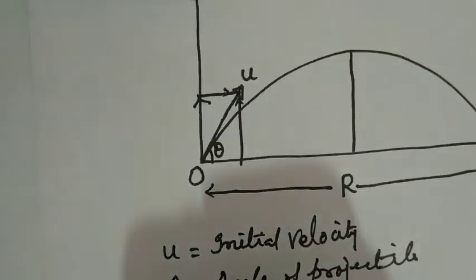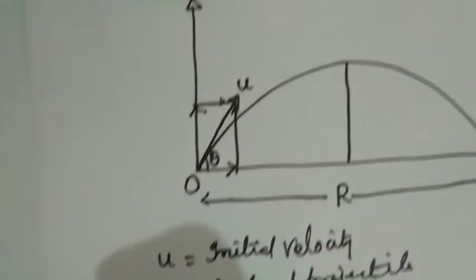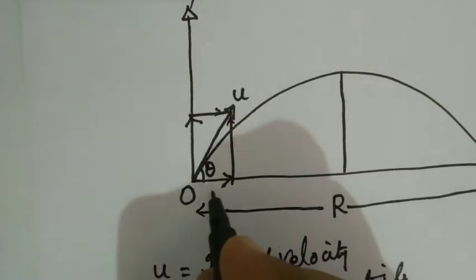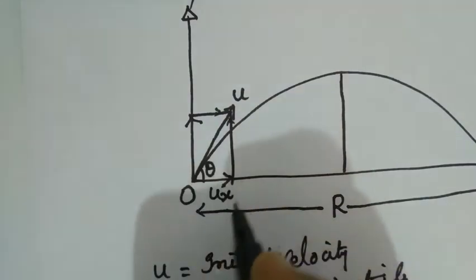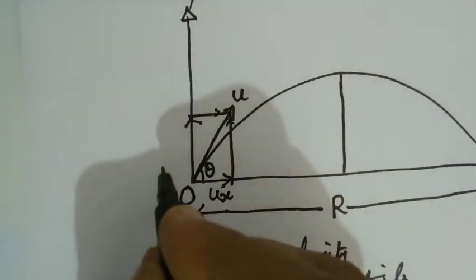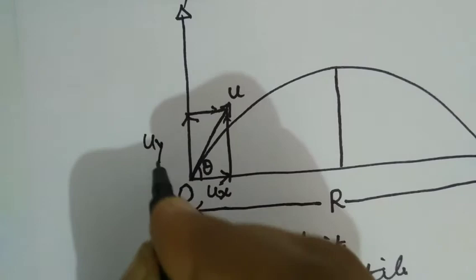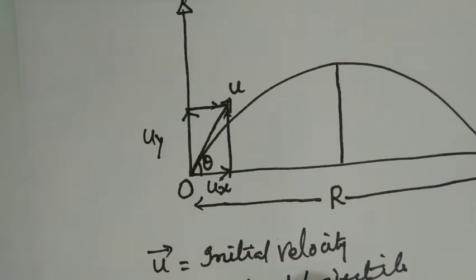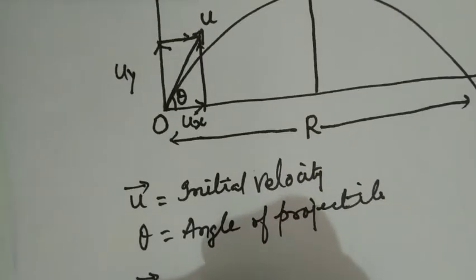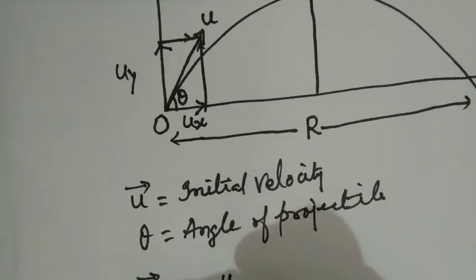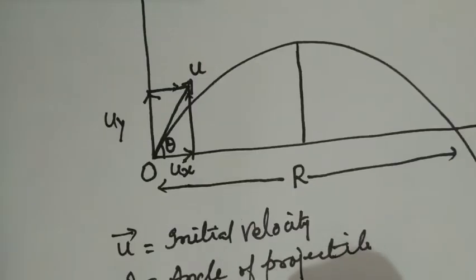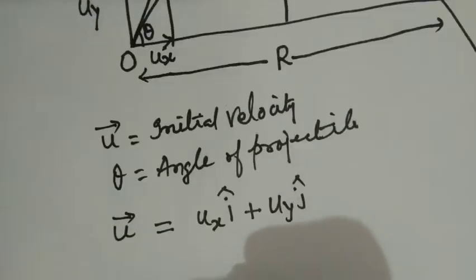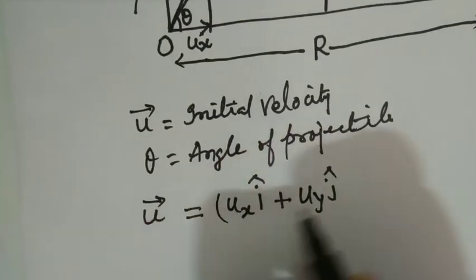Now we can resolve the vector u into ux, the horizontal component, and uy, the vertical component. So u is resolved into two rectangular components, ux along the i cap x axis and uy along the y axis, see, here I have written these things.